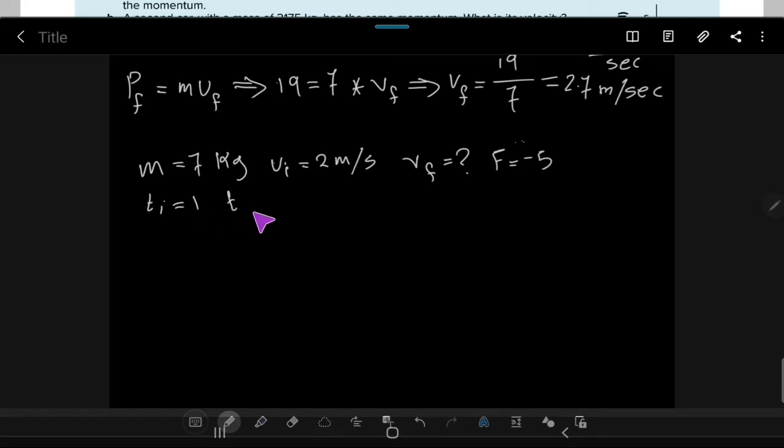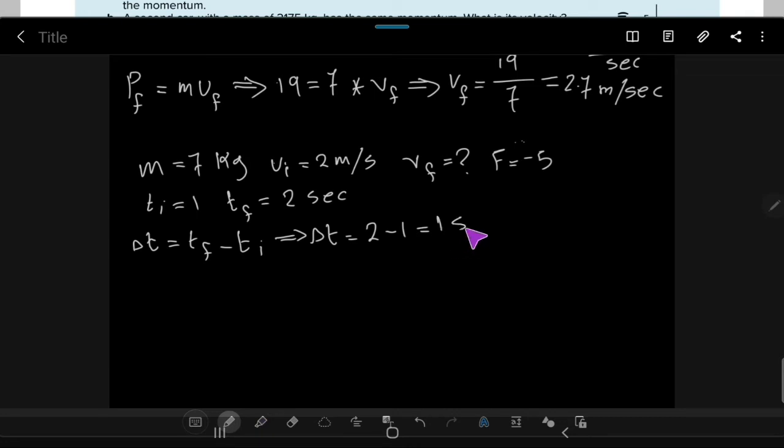And we have T final, which is equal to 2 seconds. So, as in figure number 1, in the beginning we should find delta T. That's equal to T final minus T initial, and delta T equal to 2 minus 1 equal to 1 second.